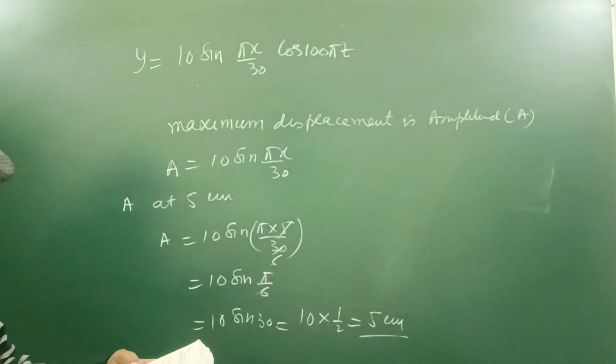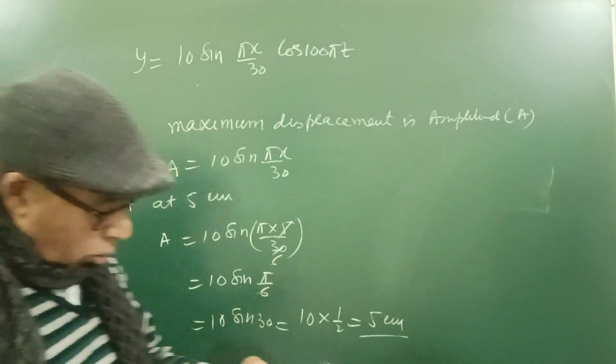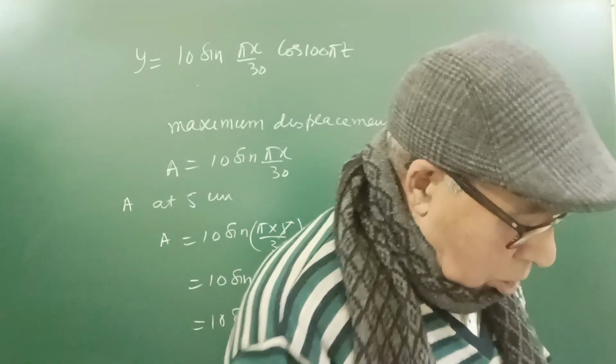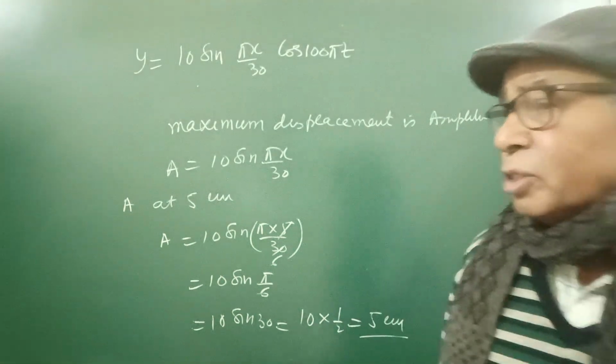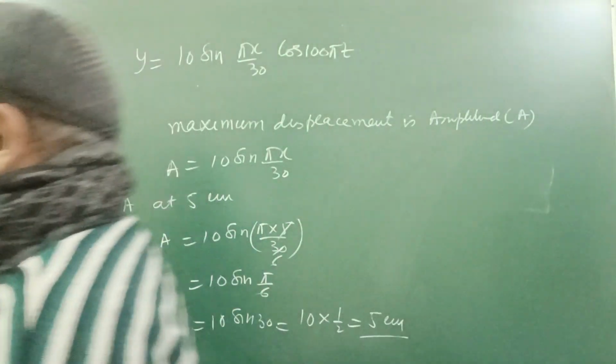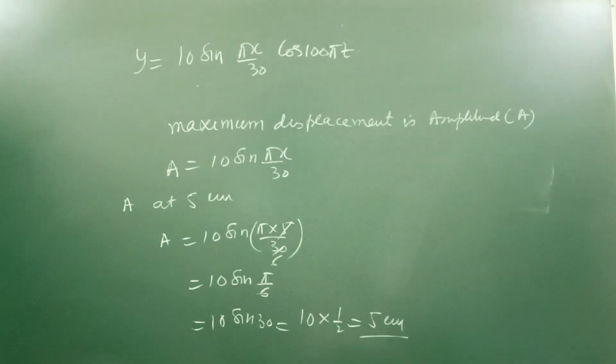And the distance between successive nodes. The distance between two nearest nodes is lambda by 2.